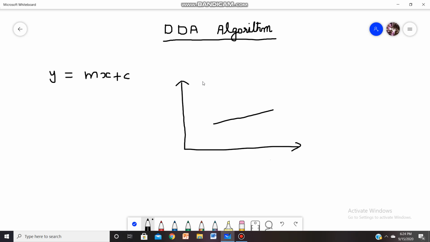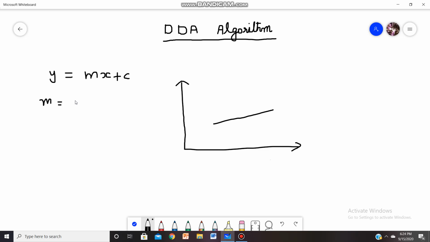Okay, so first we will see what the slope is. If we take a slope here, we can take this distance and this distance. So we can write the slope m as follows: if x1, y1 and x2, y2 are two points on the line, or the end points, we can write the slope as m is equal to y2 minus y1 by x2 minus x1.